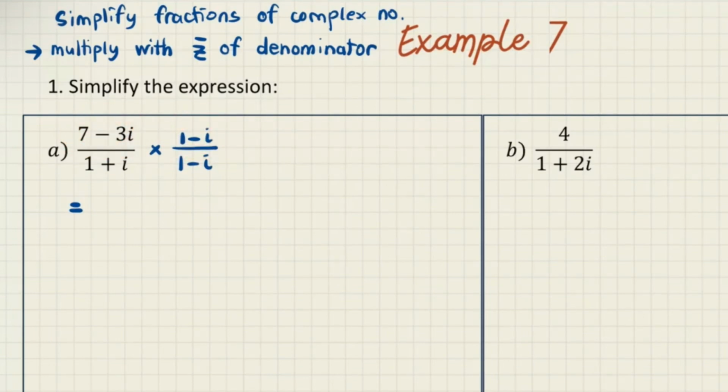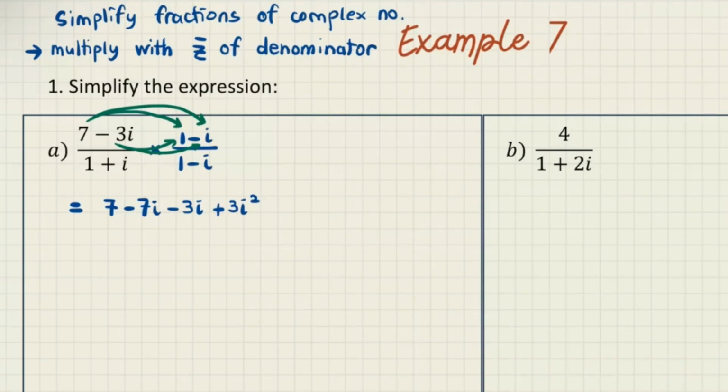So kat sini dia akan jadi 7. 7 darabkan dengan negatif 7i. Okay, 7 tolak 7i and negative 3i multiplied by 1 will be negative 3i and negative 3i multiplied by negative I will be positive 3i squared.